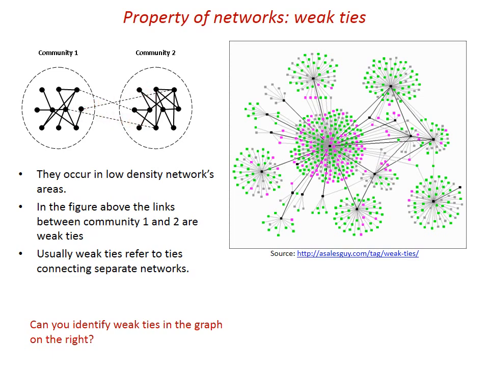We call those few links weak ties. So weak ties occur in areas where density is much lower than the rest of the network. In general, weak ties characterize links between separate, different networks.